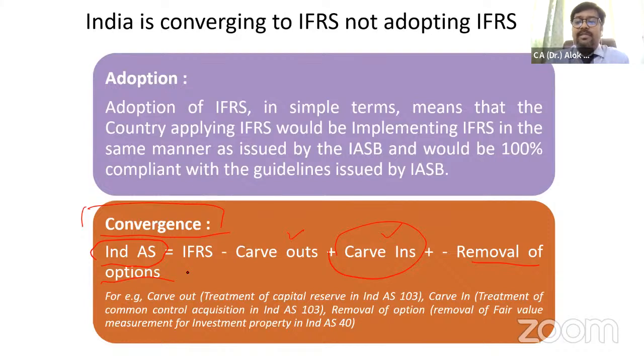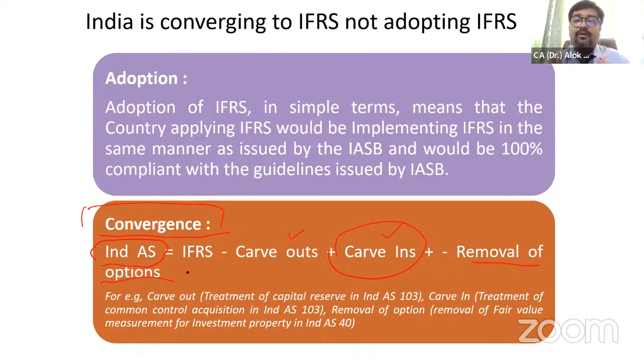Removal of option means in the IFRS scenario, there are some choices given. For example, for investment property, for land and building, IFRS says that you can subsequently recognize land and building either at fair value or at cost method. But in India, we have said that we will not go by the fair value choice.